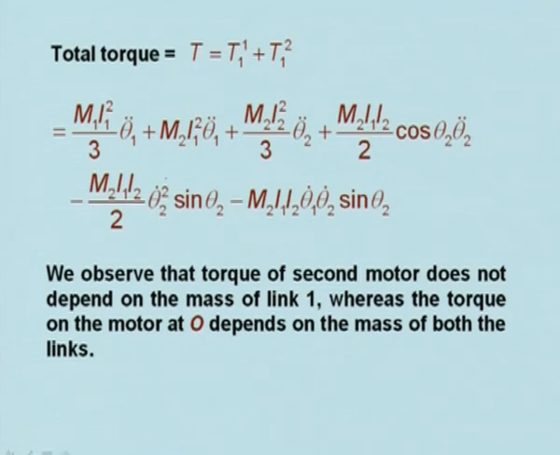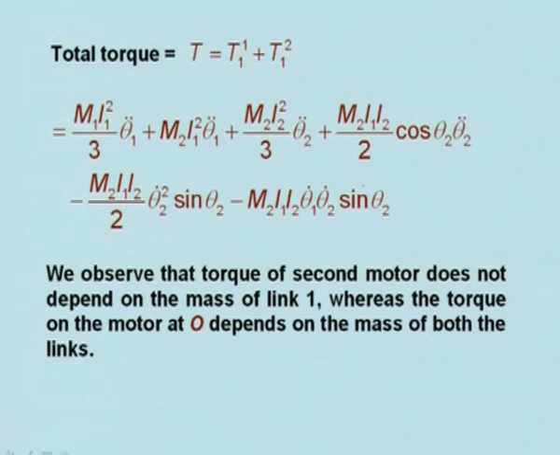So we get the expression for total torque. We observe that the torque of the second motor does not depend on the mass of link 1, whereas the torque on the motor at O depends on the masses of both the links. So these are the expressions for the torques, and these equations can be solved.